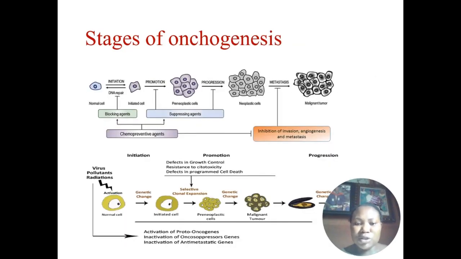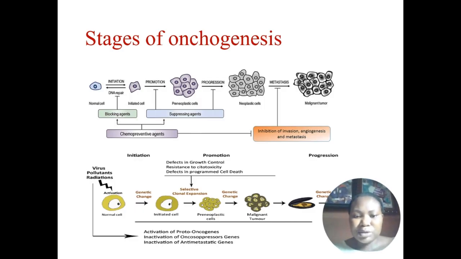So what are the stages of oncogenesis? Like we have seen in the diagram below, there will be initiation of this problem, which is then promoted, and the promotion forms the precancerous cells.